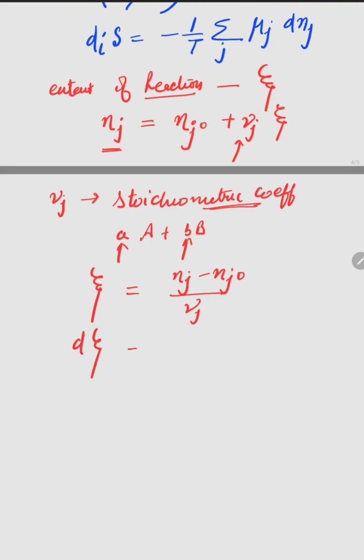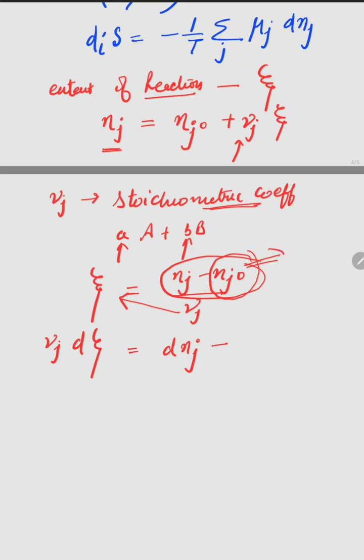We will get d chi, taking nu_j on the left side, equal to the change in the number of moles of the jth component at the time of study, minus dN_j naught. N_j naught is the number of moles of the system when we start the chemical reaction.